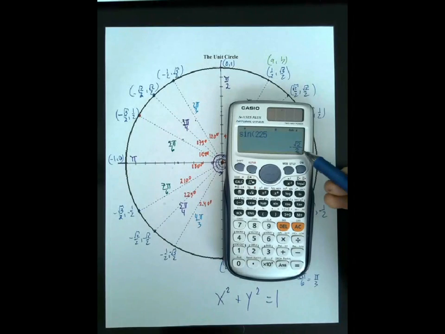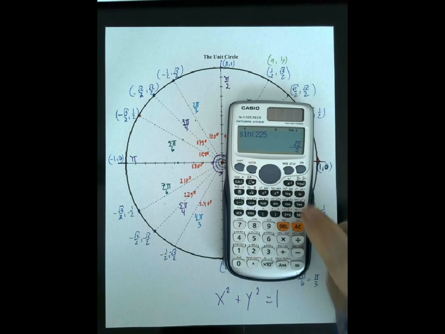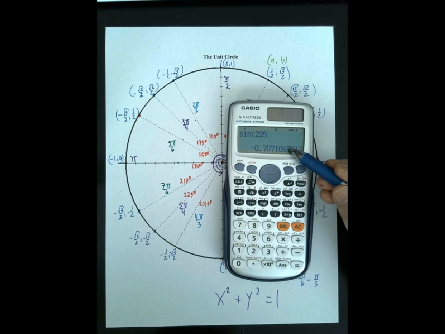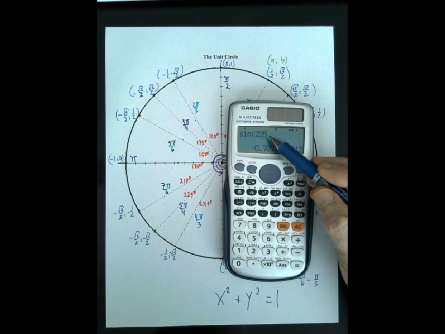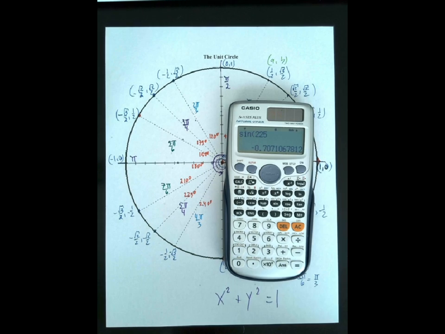If you're not getting these values, or at least the decimal version of them, when you type them into the calculator, maybe you're typing the numbers in wrong, or it could be that you're set on radians. Your calculator could be doing sine of 225 radians instead of 225 degrees, which is a completely different angle.